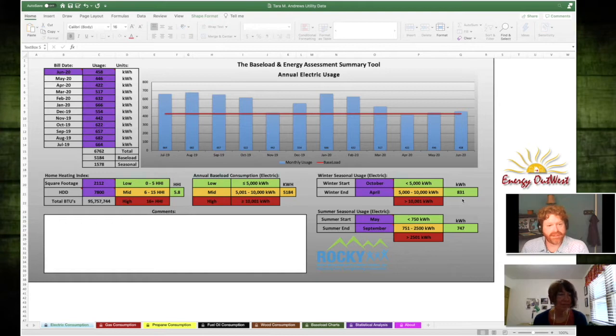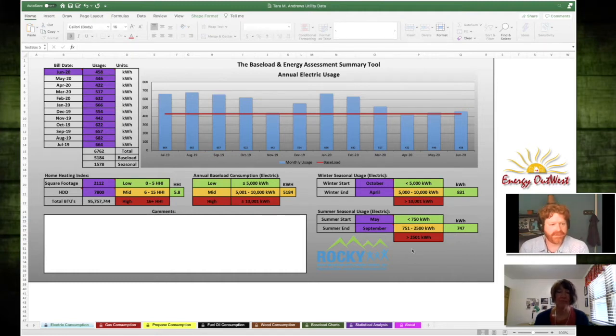For the cooling usage, we have 747, which is in the low range as well. That also tells me that the cooling load in this building is very low. I'm assuming that the building may be well shaded, that fans are used to keep the clients cool, but that air conditioning is at a minimum based on the amount of energy used.